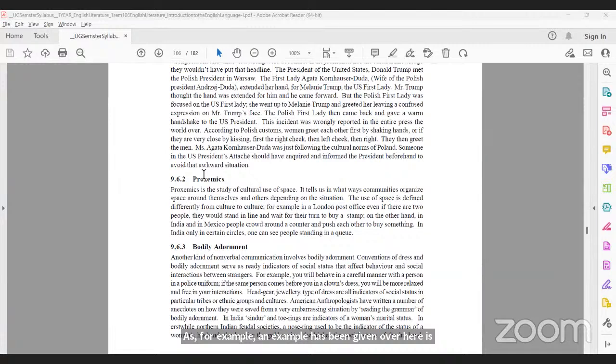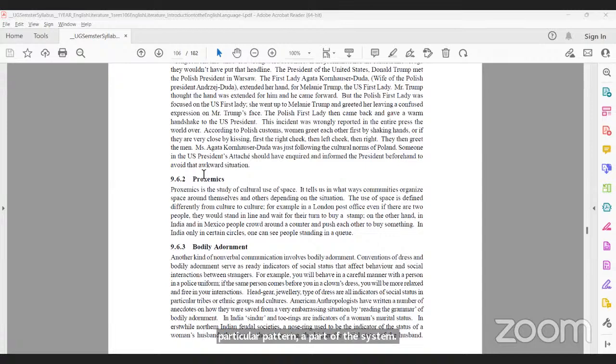Suppose you are in a queue, standing in a line to take something. Even if there are 100 or 200 people to collect something from a particular office, they will not follow a particular pattern, system, time or space.